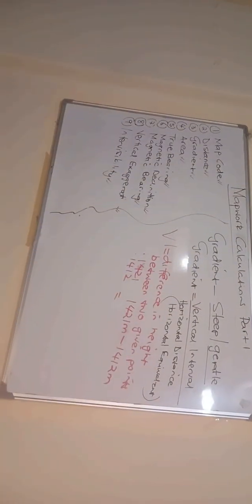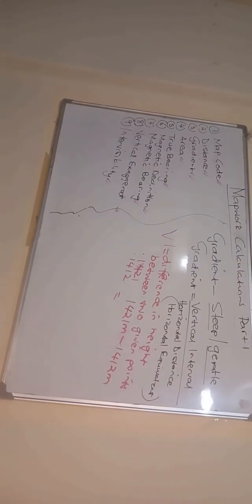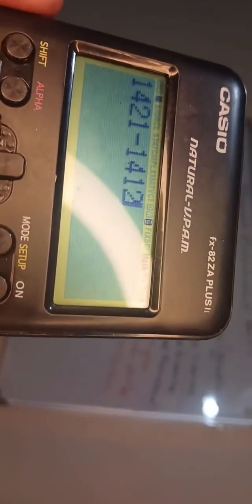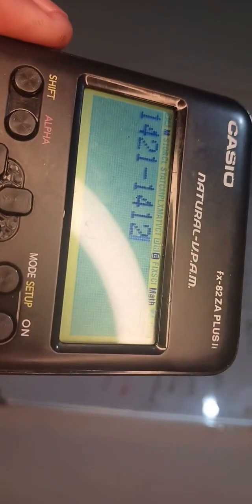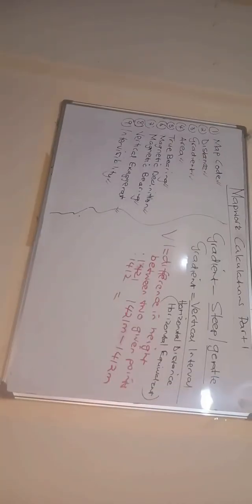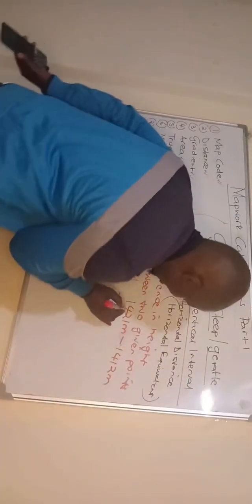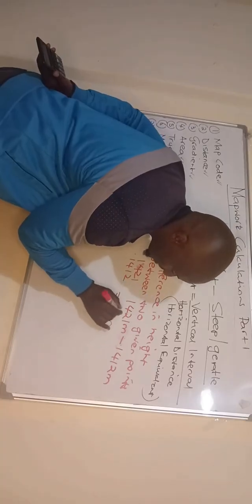This is indicated in meters. Let's calculate: 1421 minus 1412. If you subtract, you are going to get 9 meters. So our vertical interval, which is the difference in height, is 9 meters.